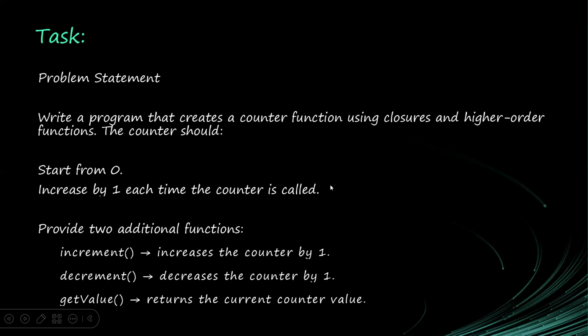You would also create an additional function that gets the value and returns the current counter value. So: increment function, decrement function, and get value function. It's going to be spicy. This is really going to make you juggle your head, and you're going to think out of the box doing this. Make sure you understand what I'm going to teach in this class.